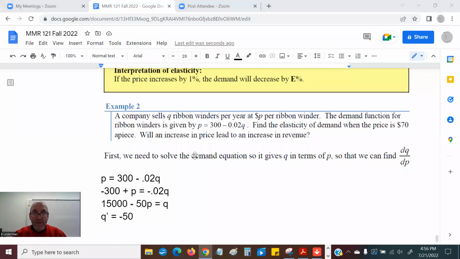The last piece of the puzzle I need is to figure out what Q is when P is 70.